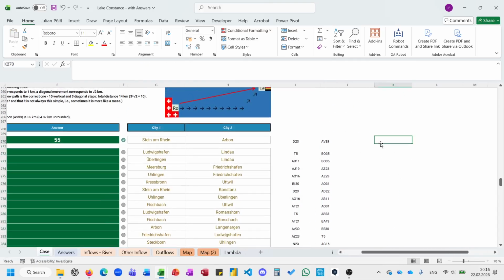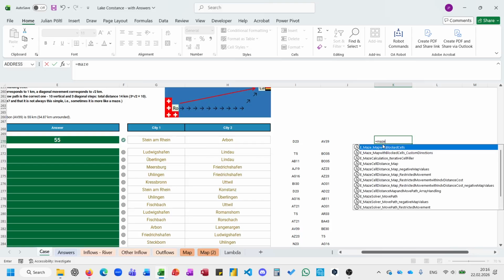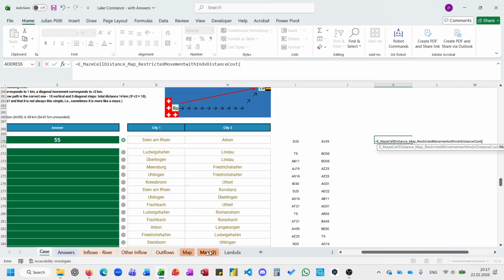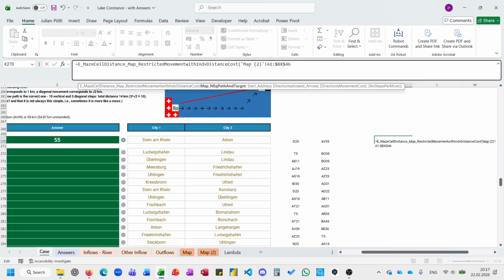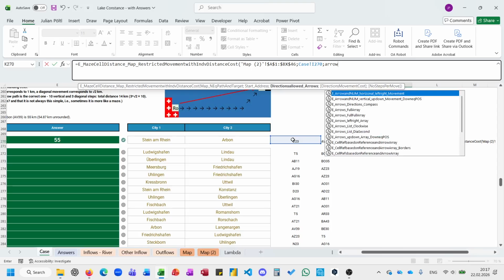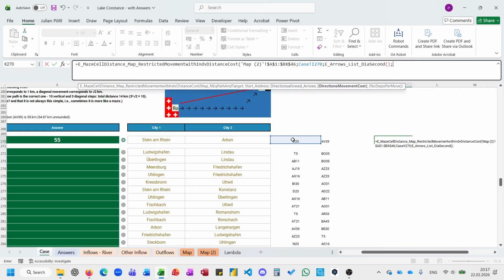And then I have maze cell distance map movement individual costs, map filled with ones, then the start address, now all arrows, and arrows I take arrow list diagonal second, and not the distance map.